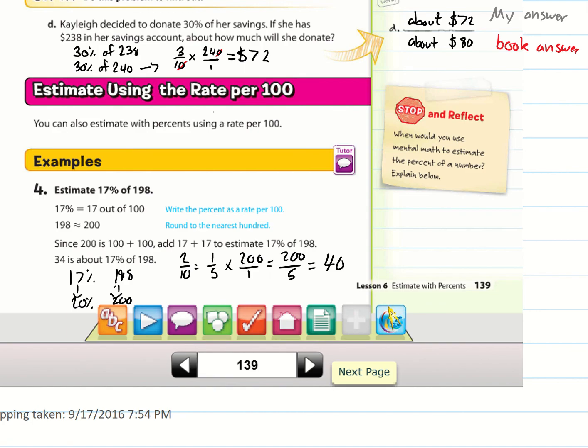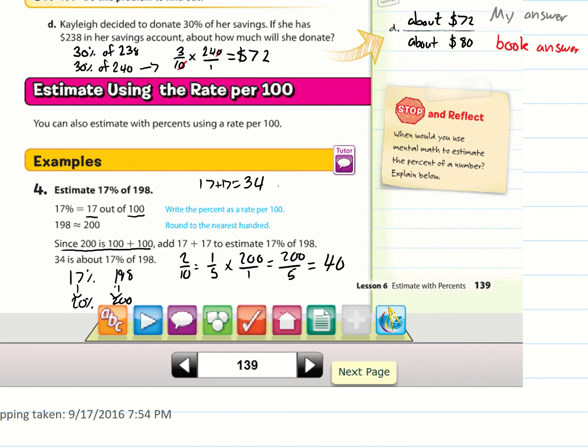Now it says estimate using the rate per 100. So if you look here, it says 17% is 17 out of 100. This 198 is 200. Now it says since 200 is 100 plus 100, and we know 17% is 17 out of 100, we can do 17 plus 17 equals 34.